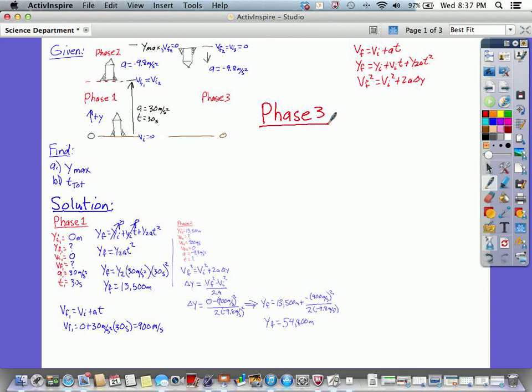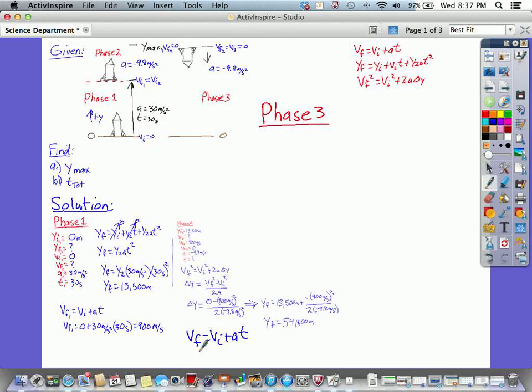Now, I did leave out in phase 2, now that we know that final position, we really should come back and find time. I'm sorry to jump back there for just a second, but we can find time from the equation V final equals V initial plus acceleration times time.